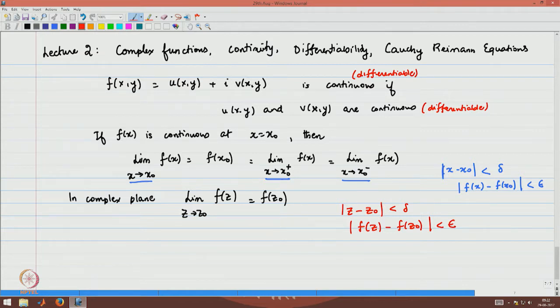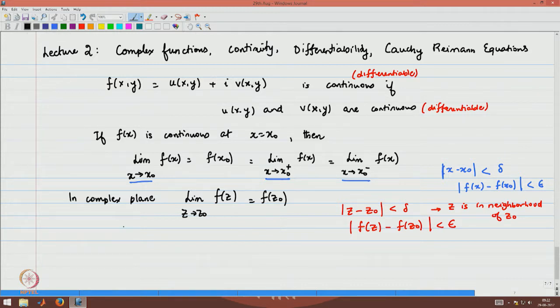So given an arbitrary epsilon, you can always find a delta such that z is in the neighborhood of z 0.